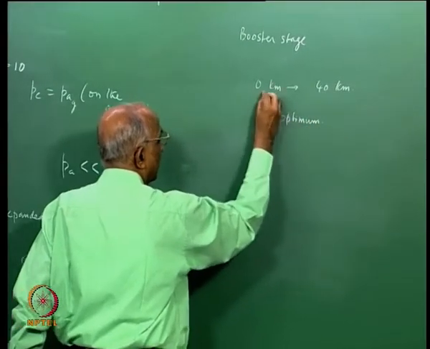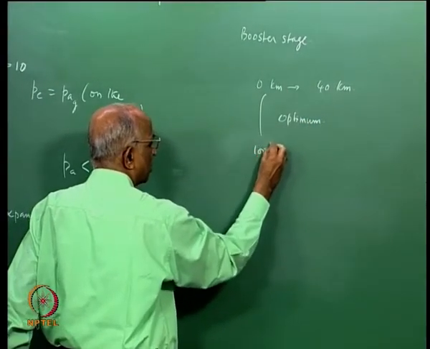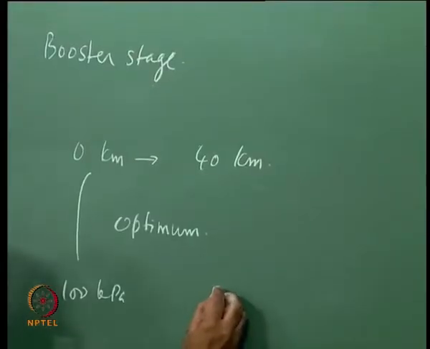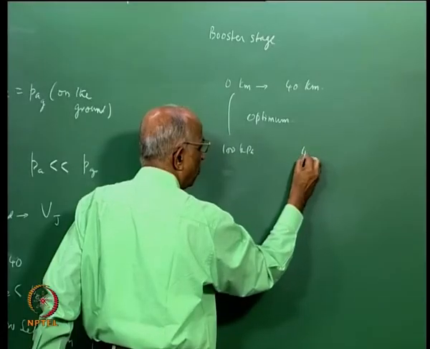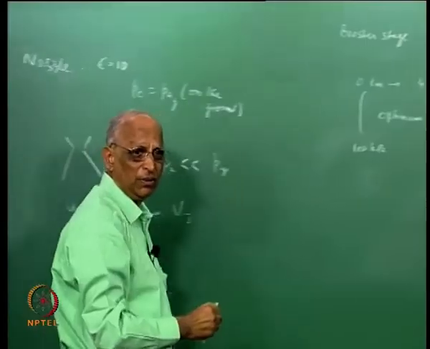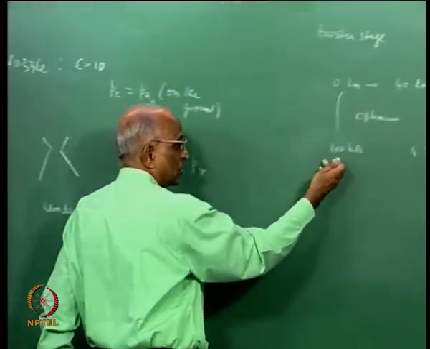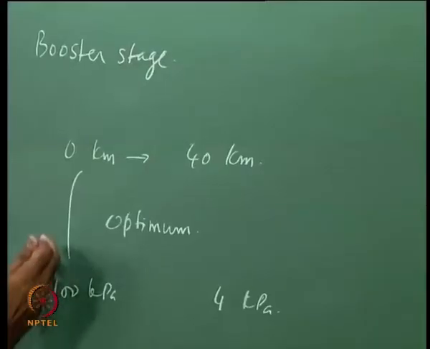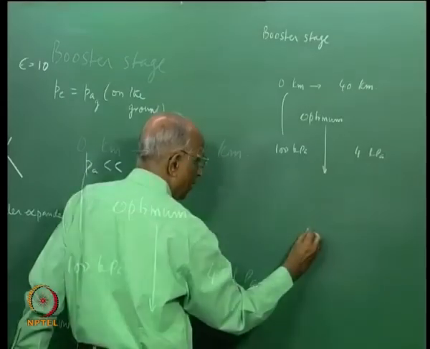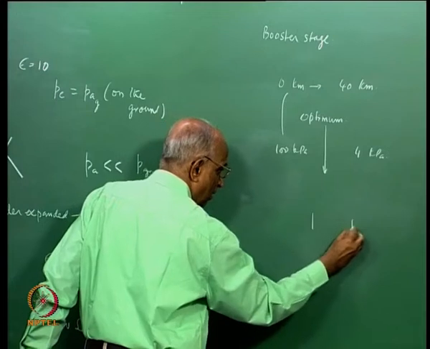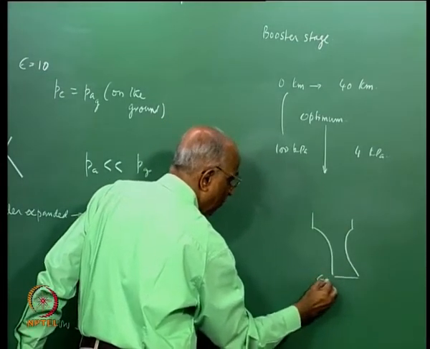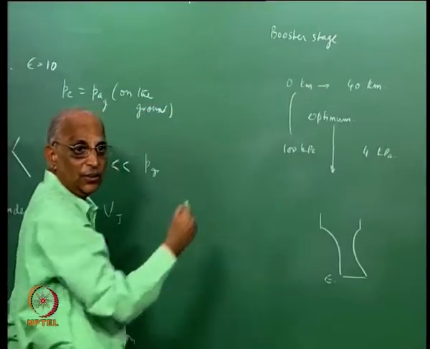In other words, at 0 kilometers I have 100 kilopascal pressure, at 40 to 50 kilometers maybe my pressure may be something like 4 or 5 kilopascal, might be lower. Therefore, my ambient pressure is decreasing, and I cannot have a rocket with a single value of epsilon or expansion ratio which will fly throughout this altitude.